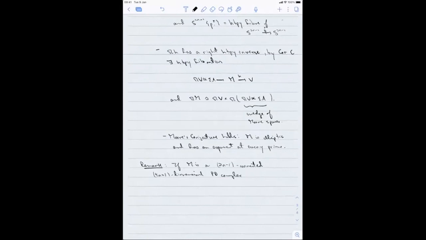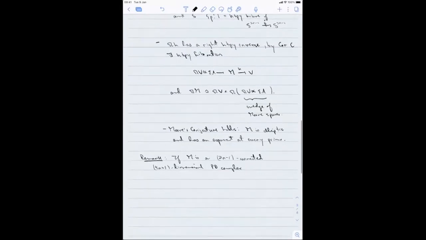So it is homotopy equivalent to a wedge of spheres and Moore spaces. Let's exclude the sphere case because we know how to handle that.